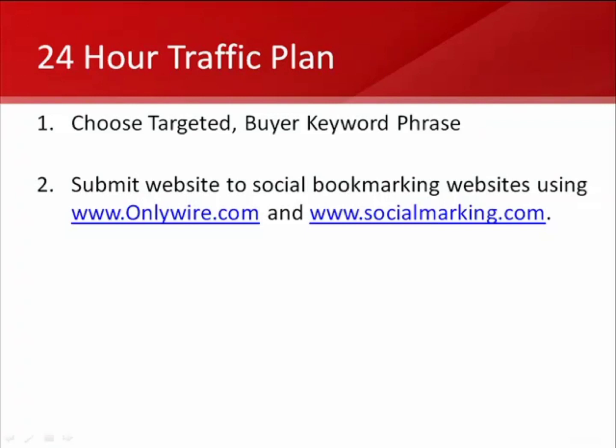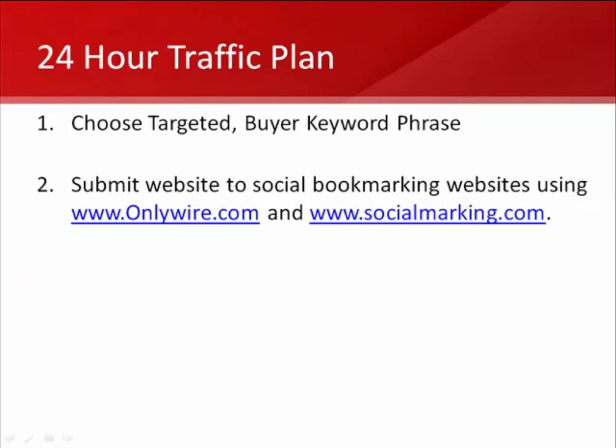If that was your website, that's what you would submit. Tulsa, Oklahoma chiropractors, and you would say, get your spine aligned with this recognized Tulsa, Oklahoma chiropractor, as an example. And so that's how you're going to submit to these social sites.